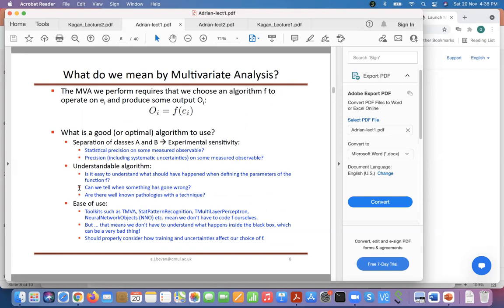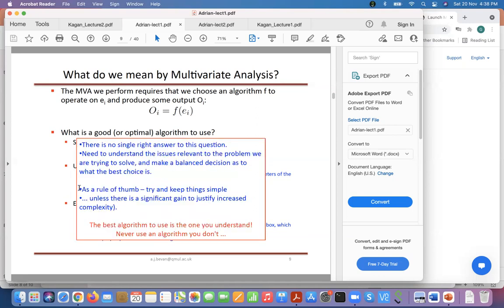At the end of the day, when you make a measurement, whatever measurement you are doing, you want to enhance the sensitivity. And so this machine learning technique is very important for many analyses, especially when you have a very complex data set such as offered by the LHC.